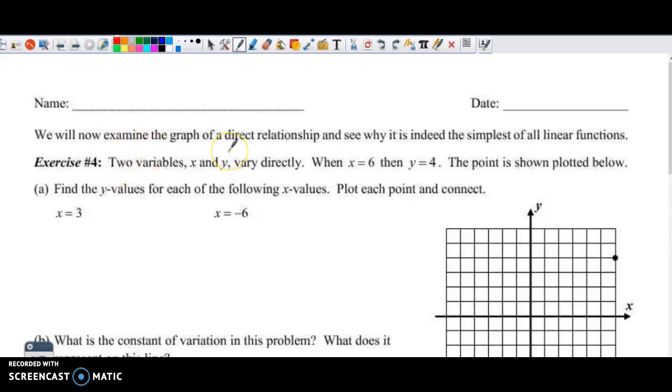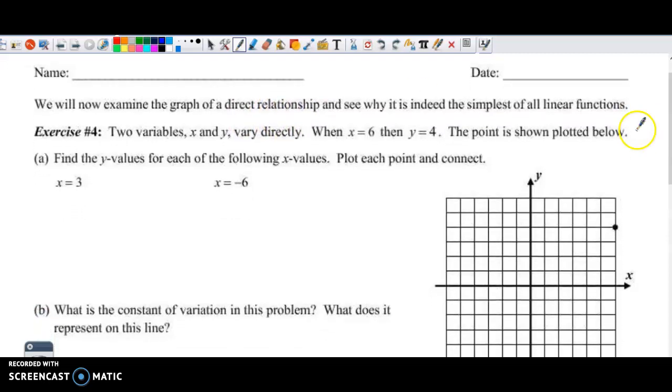Okay, so we can also do direct variation with a graph, and I already touched base on that with how y equals kx kind of looks like slope-intercept form. So what that means is it has to pass through the origin.